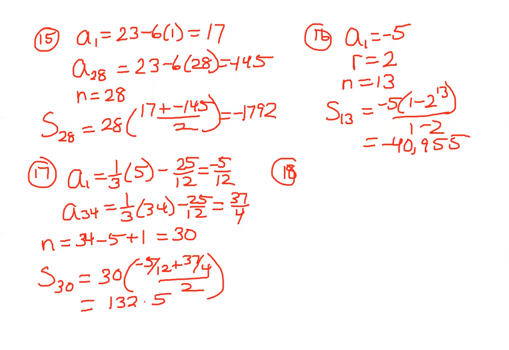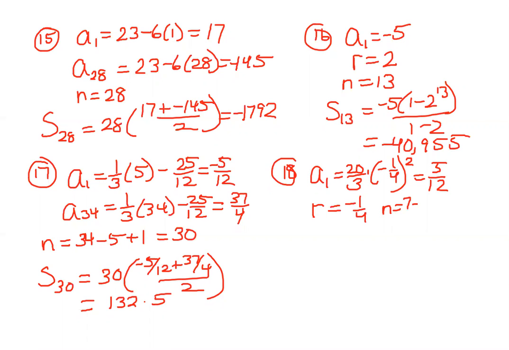So again, though, we're not starting at 1, so we have to substitute 3 in for n to find our A1. So we're putting a 3 minus 1, so that's going to be 2, and this equals 5/12. And r is negative 1/4, and n is 7 minus 3 plus 1, which is 5.